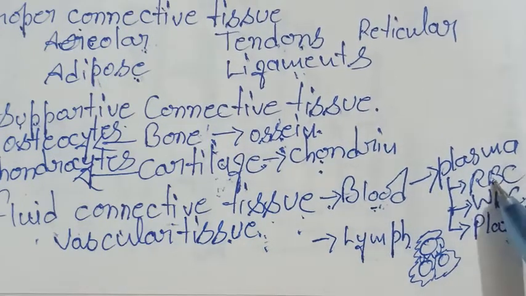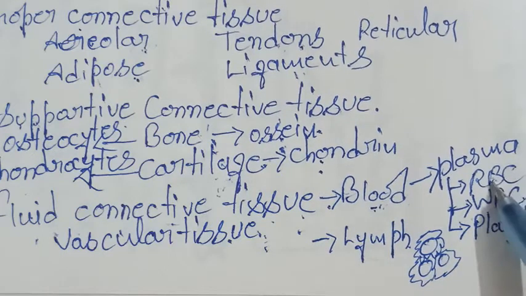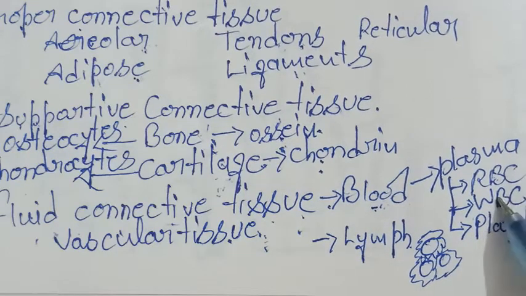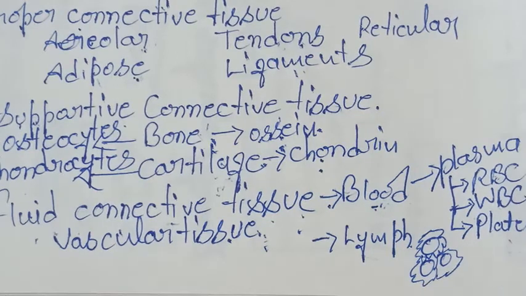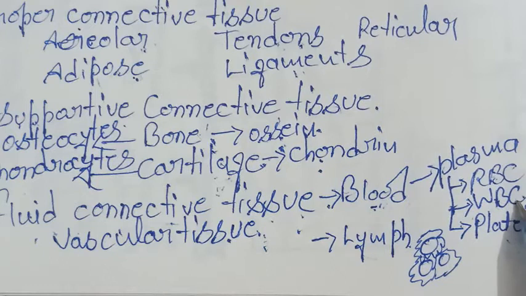RBCs have one protein. The name of the protein is hemoglobin, which has oxygen carrying capacity, whereas WBCs fight against diseases. That is why they are known as soldiers of the body. And how do they provide protection against diseases?